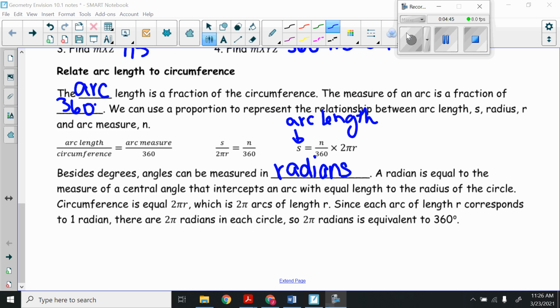The radian is equal to the measure of a central angle that intercepts an arc with equal length to the radius of the circle. Circumference is equal to 2 pi r, which is 2 pi arcs of length r. Since each arc of length r corresponds to 1 radian, there are 2 pi radians in each circle, so 2 pi radians is equivalent to 360 degrees.